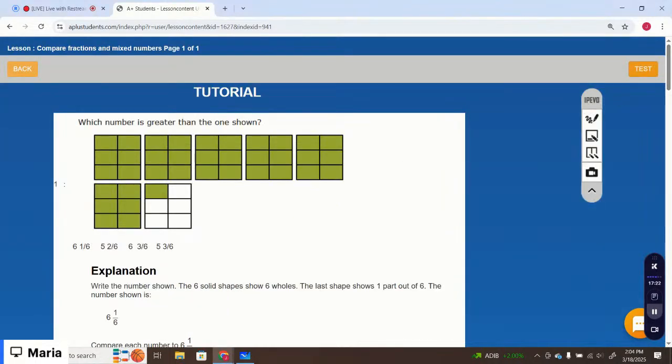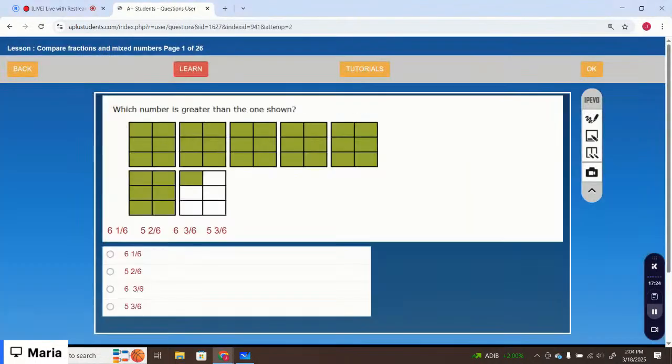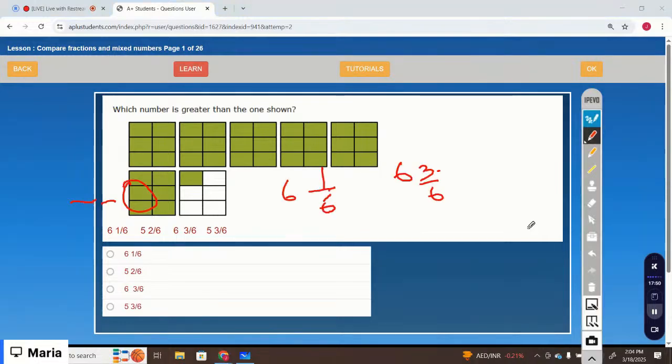Let's just start with the test questions. Which number is greater than the one shown? That is the one we just did, right?